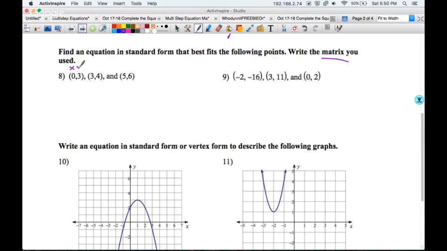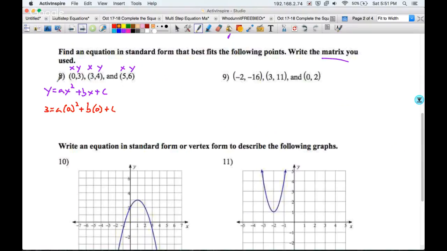First, label each point x and y. Every point is an x and a y value. Then fill those x and y values into standard form, y equals ax squared plus bx plus c, another form you have to have memorized. So the first one would be 3 equals a times 0 squared plus b times 0 plus c.